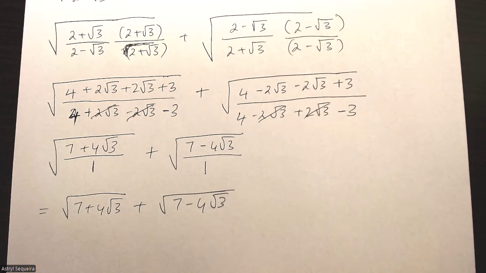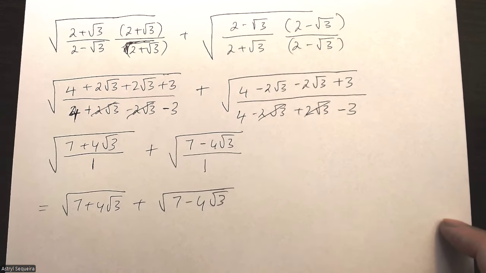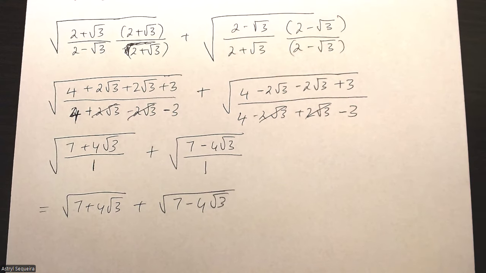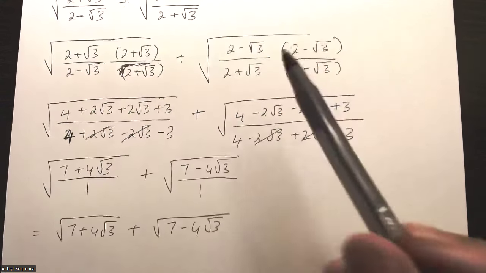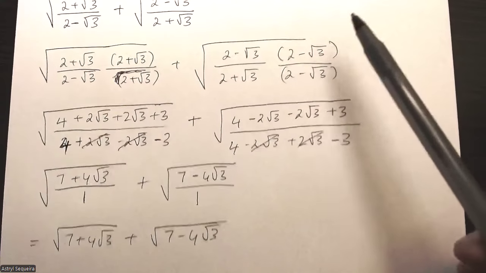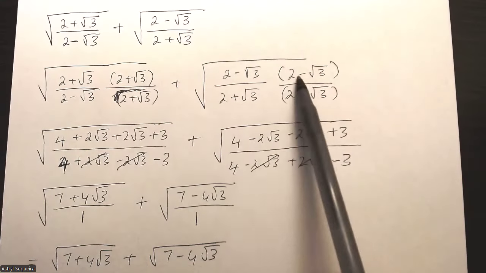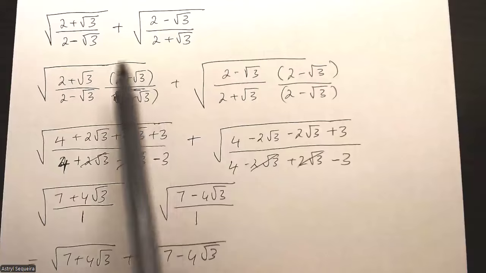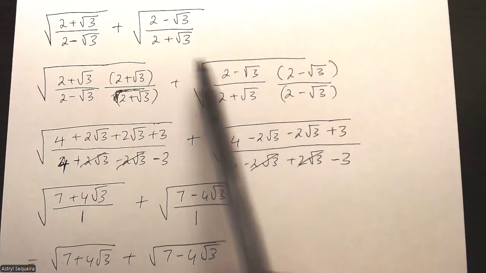Now you may be wondering how to combine these, and there's a step to actually combine these, but the easier way would be to look back at the original question and figure out that it would have been best to not expand in this step here.